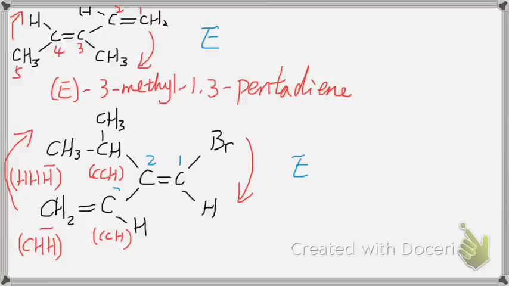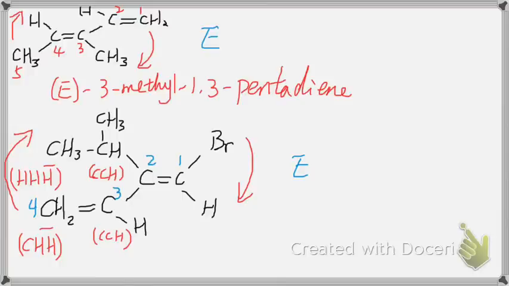So here's how we number the carbon chain in order to give the substituent a lower locant. 4 carbons, 2 double bonds, 1,3-butadiene.